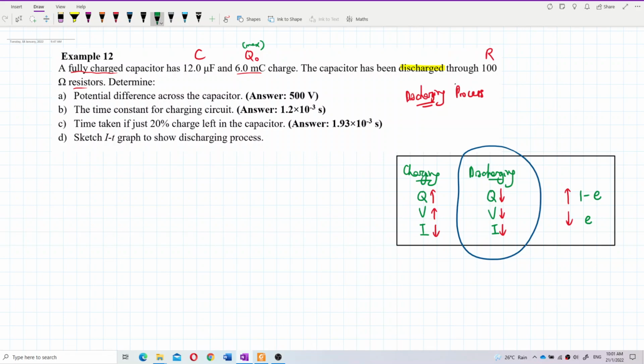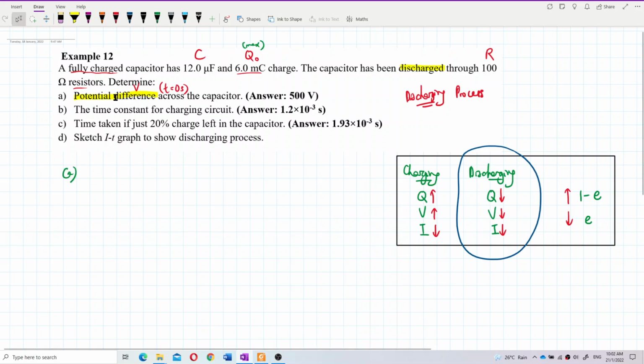All right, so let's do question A. I want to find the potential difference across the capacitor. This is the voltage at 0 seconds, at initial.